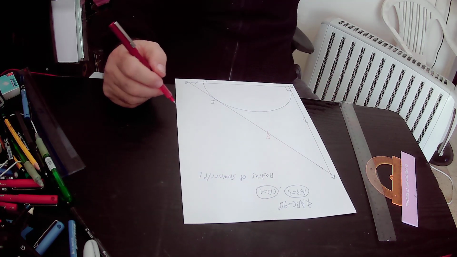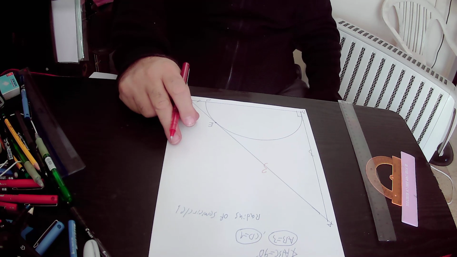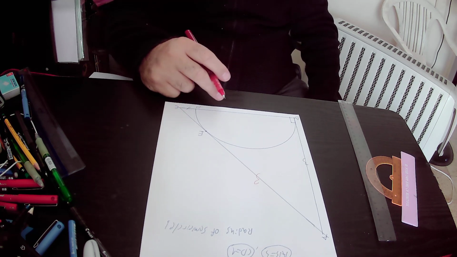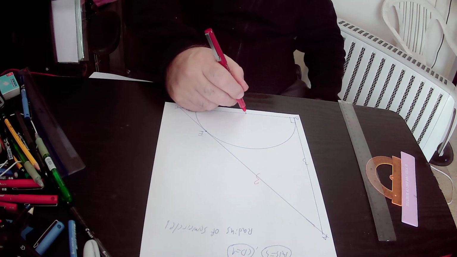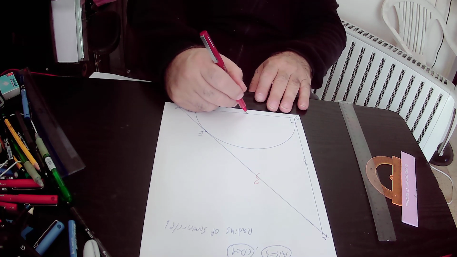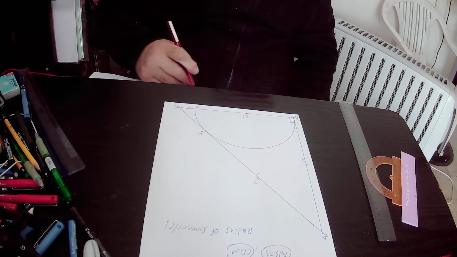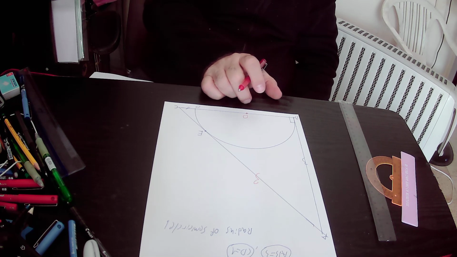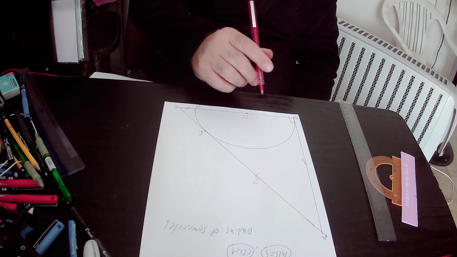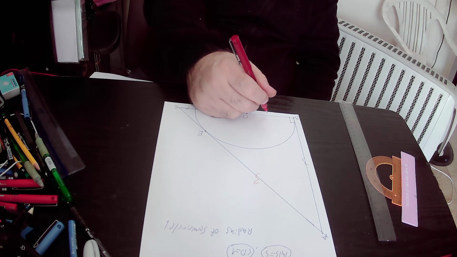And we will define the center of this semicircle as point O. So actually line segment OB is the radius of the semicircle, I will define the radius of the semicircle as small r.